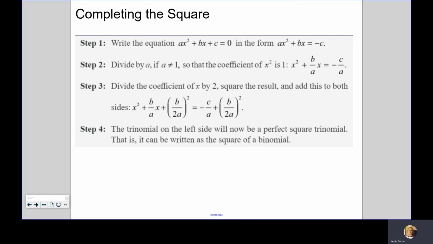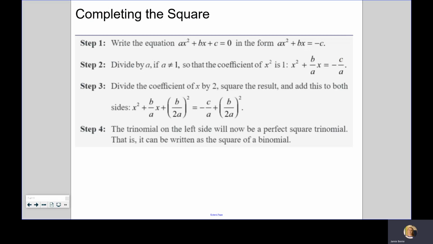All right, so take a second, pause the video, write down this method if it applies to you. So it says step 1, write the equation ax squared plus bx plus c equals 0 in the form ax squared plus bx equals negative c. So basically move the constant term to the right-hand side.